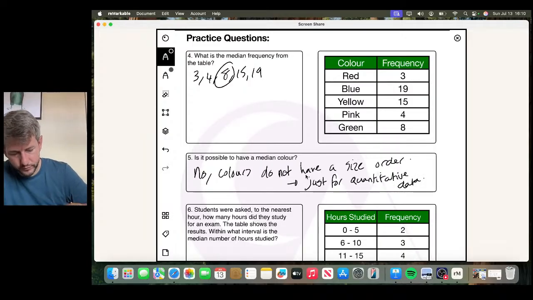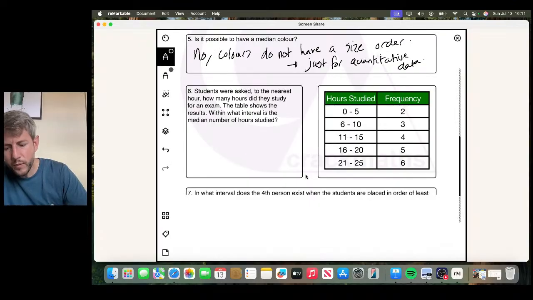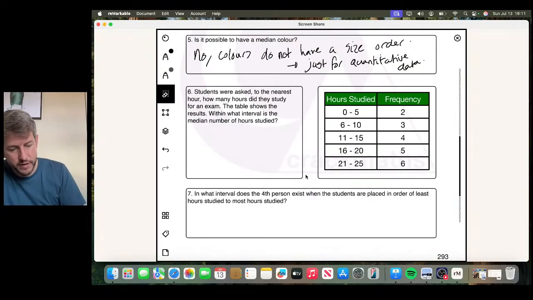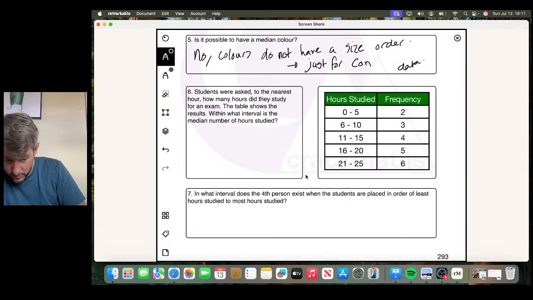Or maybe continuous data even is what we'd probably say actually. Continuous data refers to things like measurements and stuff.